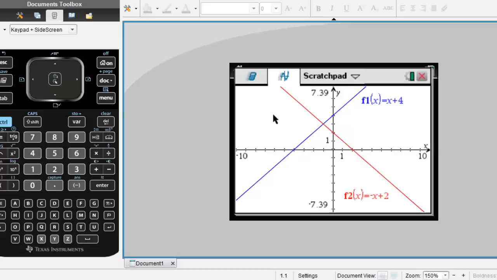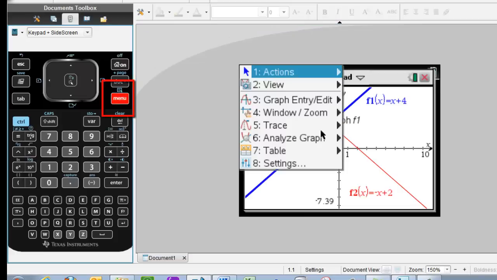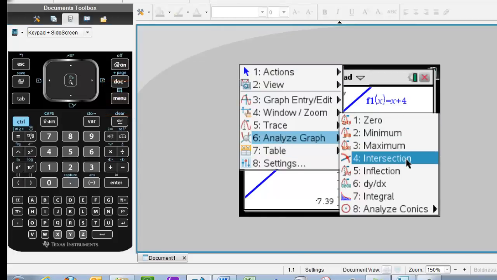I want to show you something on your calculator that'll help you find that. So I'm going to go to Menu, and then number 6 is Analyze Graph. If I hit number 6, you may not have all the ones that I have, but you can see one that says Intersection.